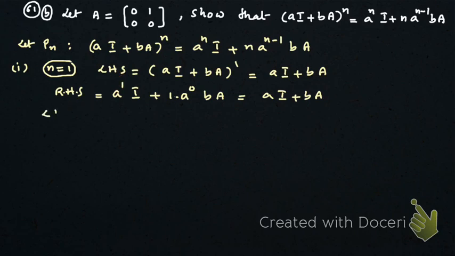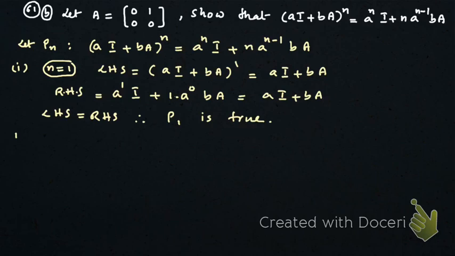So since they are equal, the result to be proved, that's Pn, is true for n is equal to 1. So we actually proved that P1 is true. That's the first stage of the question.